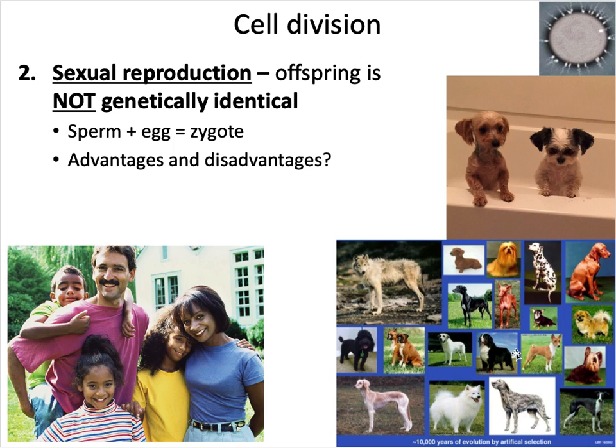And then an advantage of sexual reproduction is that we do have genetic diversity. We see it in us, we see it in dogs. Our gene pool is very diverse. We have many traits, many characteristics. You can see it: everybody's facial appearance and everybody's personality traits are very different.